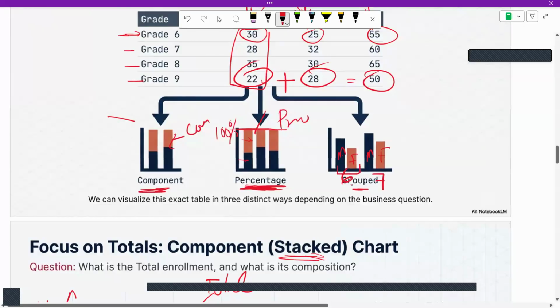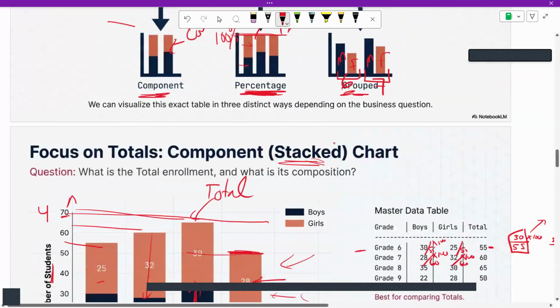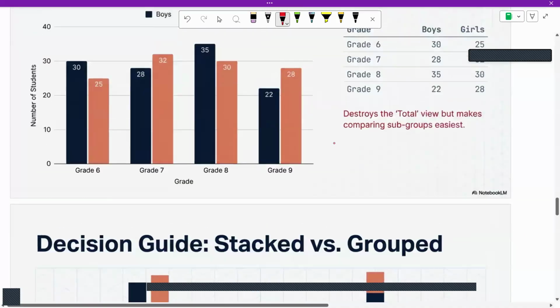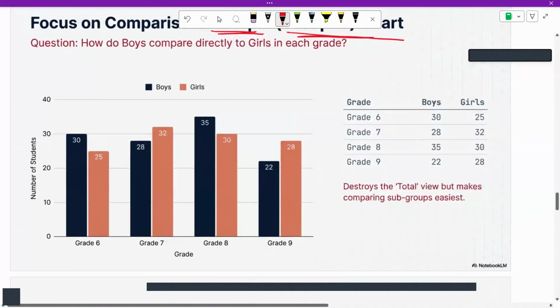These two columns represent grade 6, and these two columns represent grade 7. Here we don't want to convert into percentages. It's very easy.